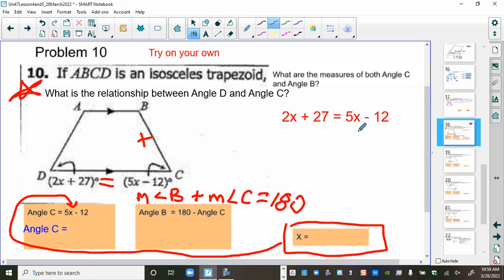Get that x value first. Once you get that x, find the value of angle C. Whatever number you get here, subtract it from 180. That's how you're going to get angle B. Anybody have any questions on that one?